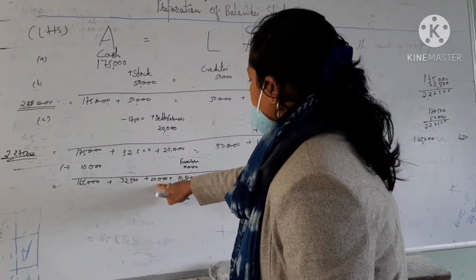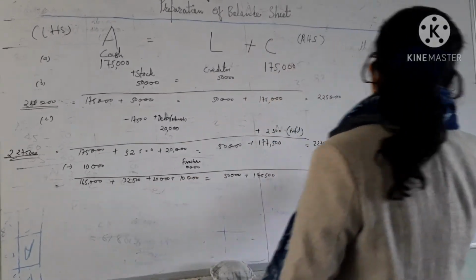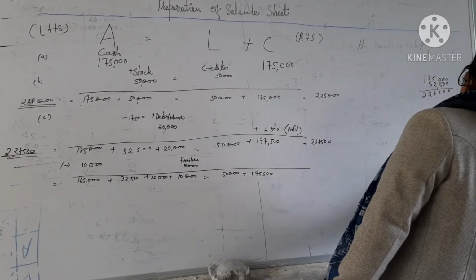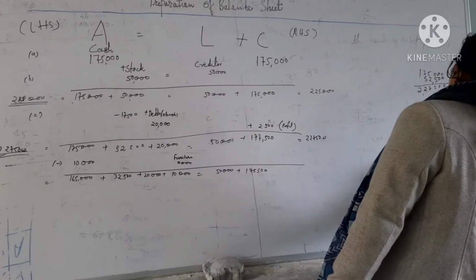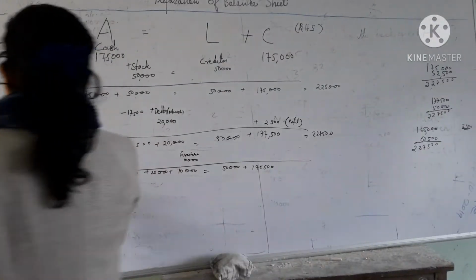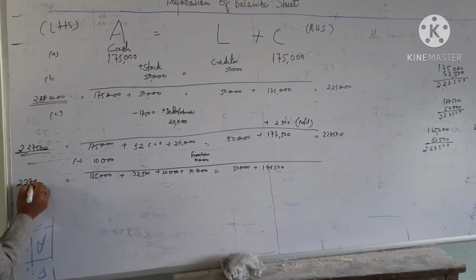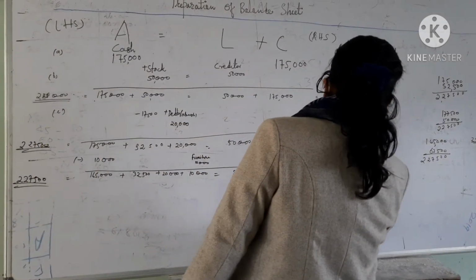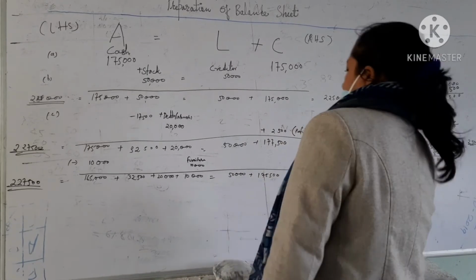Here it is 52,500. 62,500. 2,27,500, isn't it? 2,27,500. Here also 2,27,500. Always it is equal.